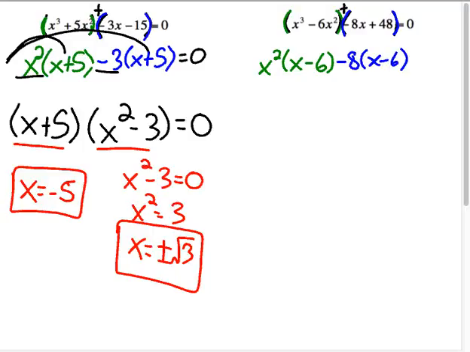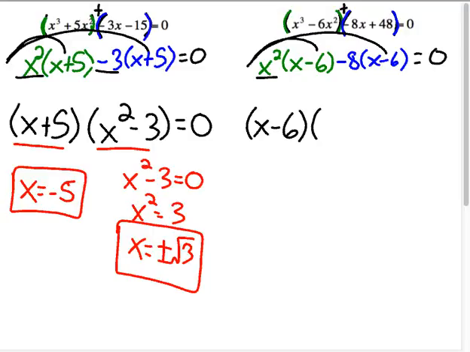That is how I get those parentheses to end up matching. Once you have those two matching parentheses, remember that is going to be factored out in and of itself. So that x minus 6 is pulled out front, and then your second parenthesis is going to be the leftovers, x squared minus 8.